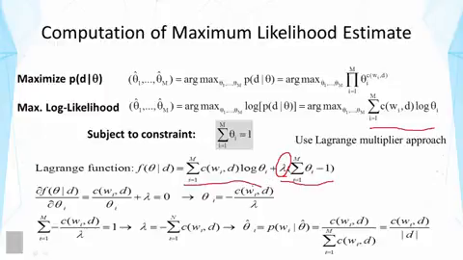As you may recall from calculus, an optimal point would be achieved when the derivative is set to 0. This is a necessary condition. It's not sufficient though. So if we do that, you will see the partial derivative with respect to theta I here is equal to this.